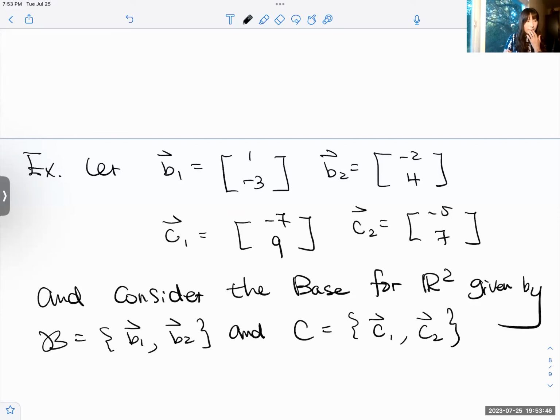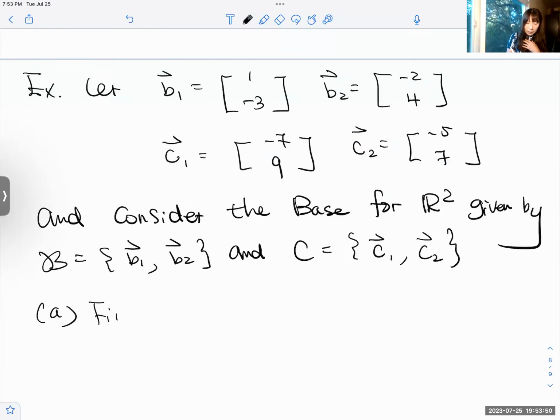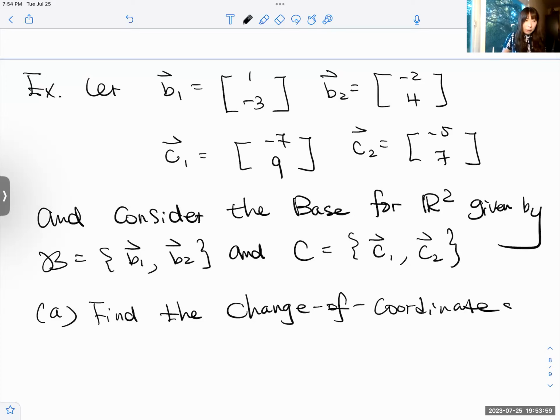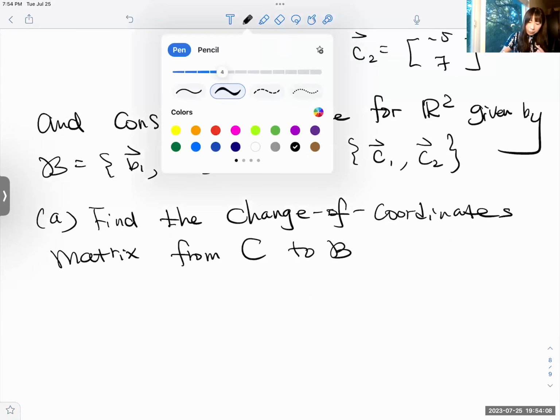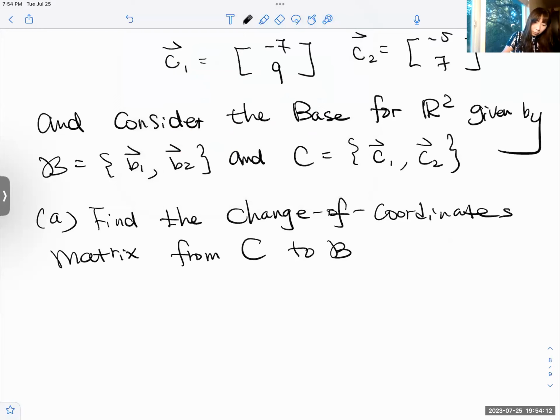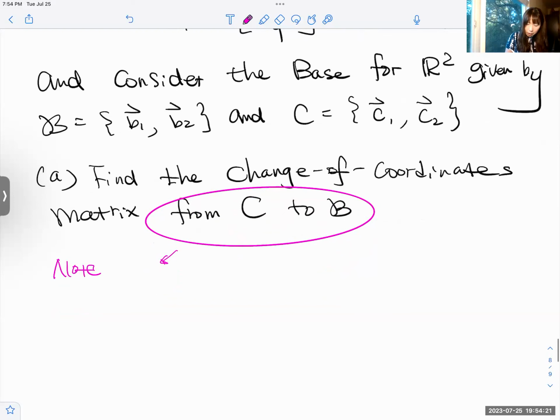Find the change of coordinate matrix from C to B. So for C to B, we arrange this way: C sub 1, C sub 2, and B sub 1, B sub 2, right?